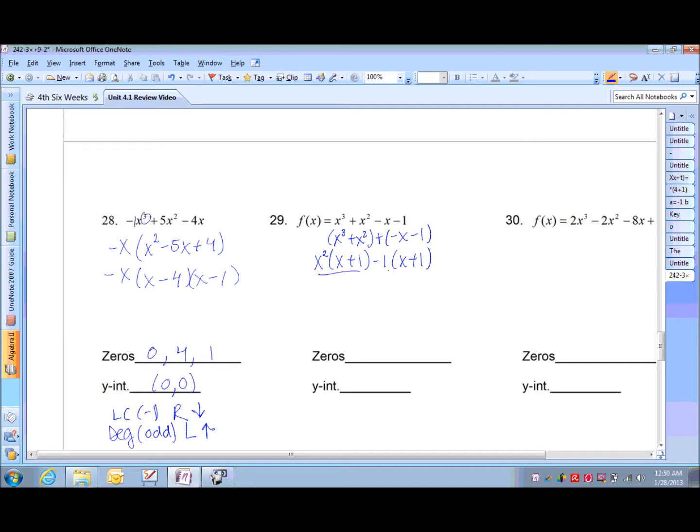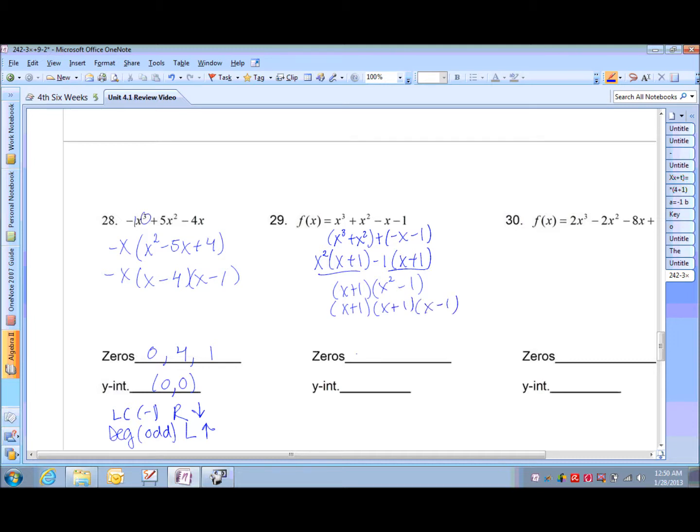So now these two terms have an x plus 1 in common that I can pull out. So x plus 1 I pull out, and I'm left with x squared minus 1. Now x squared minus 1 is a difference of perfect squares, so I can factor that into x plus 1 and x minus 1.